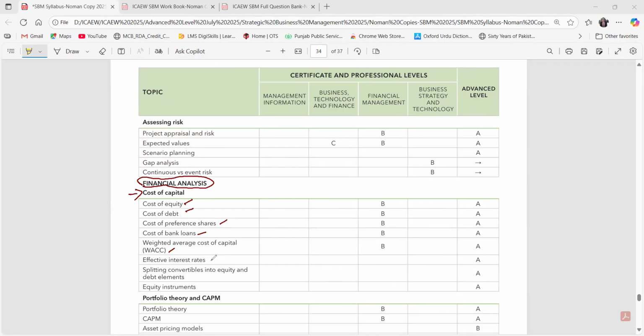Then we talk about effective interest rates, splitting convertibles into equity and debt. What would be the value for the equity element and debt element, and what are equity instruments? So these are some points for your cost of capital.